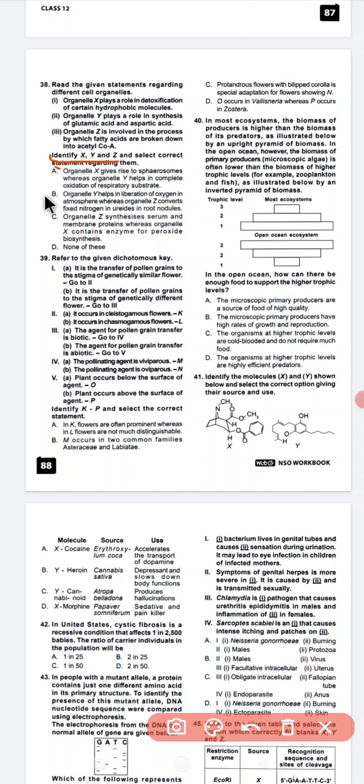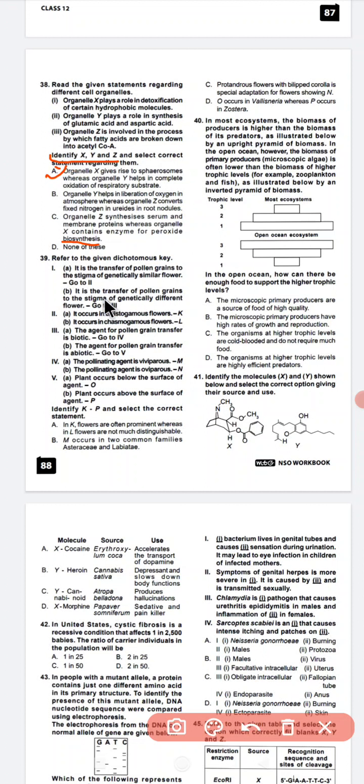Organelle Z synthesizes lipids and the membrane protein, whereas organelle X contains enzymes for peroxide biosynthesis. Correct answer option you have to choose from A, B, C, and D. Okay, 38. The correct answer option is A. That is organelle X gives rise to spherosomes, whereas organelle Y helps in complete oxidation of respiratory substrate. Okay.